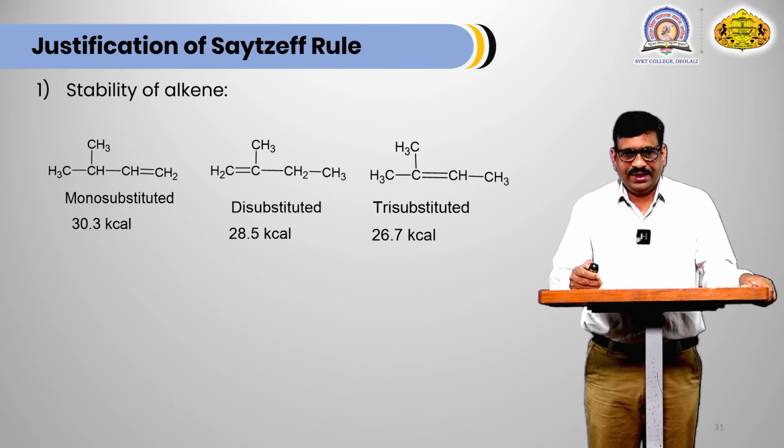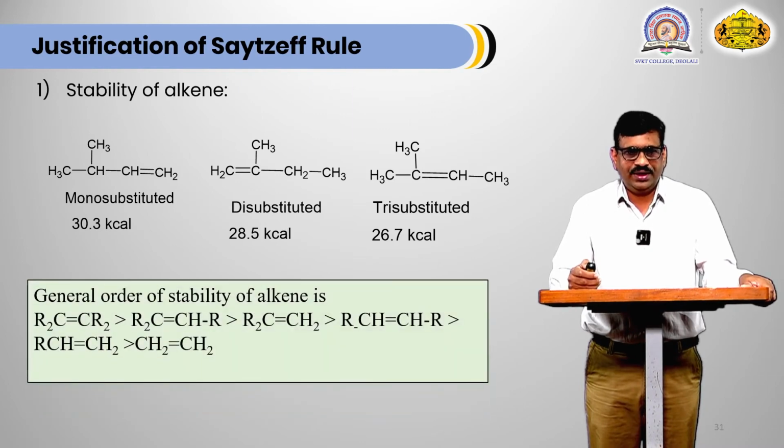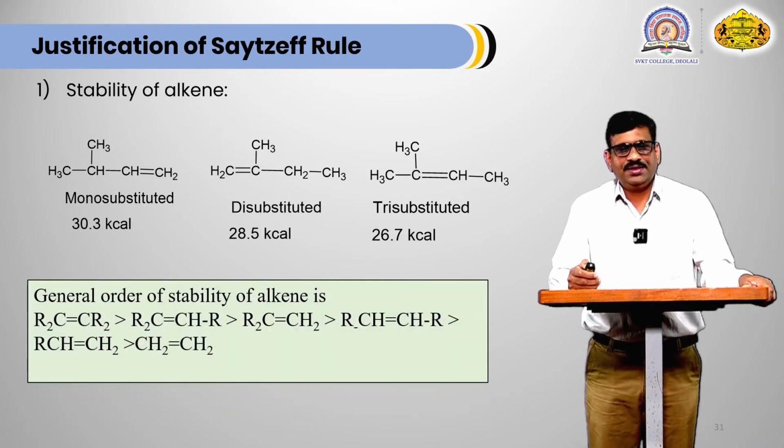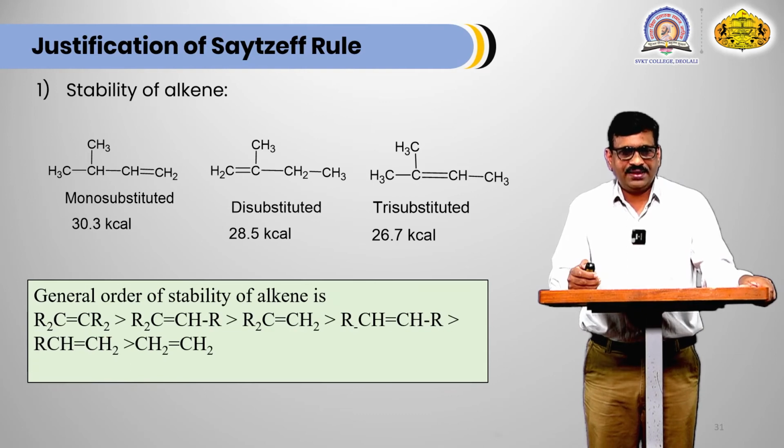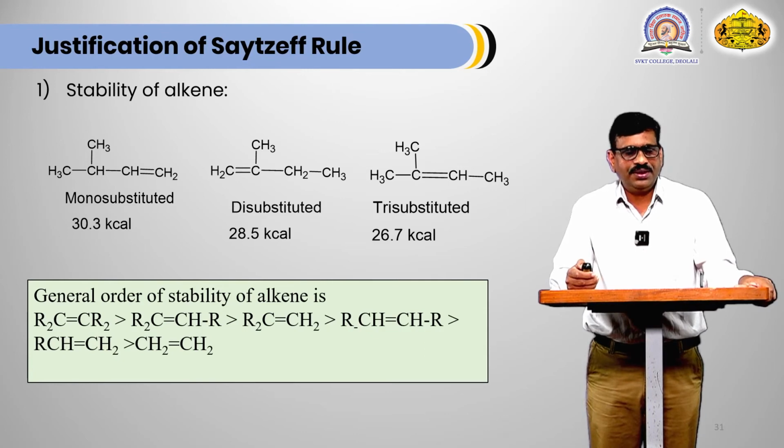This indicates that the tri-substituted alkene is more stable as compared to the mono-substituted alkene. And this is the general order of stability of alkene. Tetra-substituted alkenes are more stable as compared to tri-substituted. Tri-substituted are more stable as compared to di-substituted. And di-substituted are more stable as compared to mono-substituted.